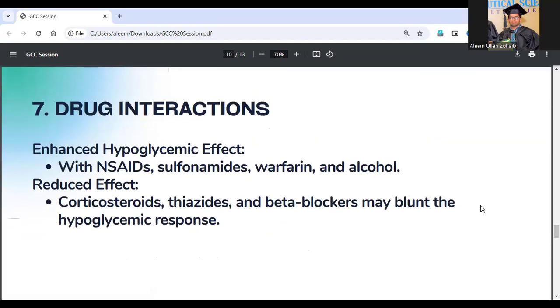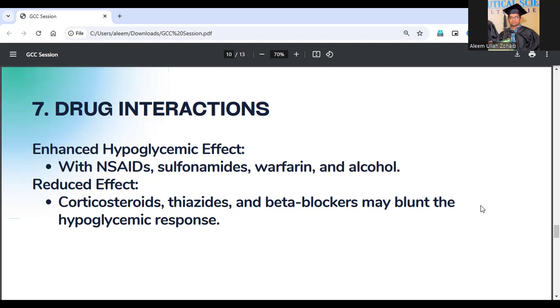Drug interactions: enhanced hypoglycemic effect with NSAIDs, sulfonylurea, warfarin, and alcohol. As sulfonylurea is metabolized by the cytochrome P450 enzyme system, when another drug is used in combination, it inhibits the P450 system.